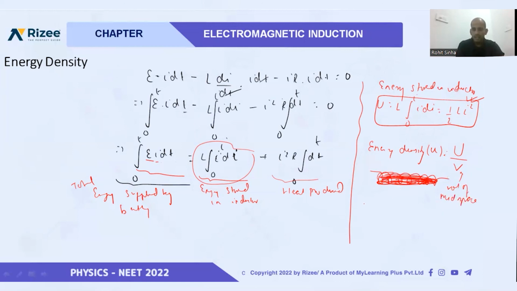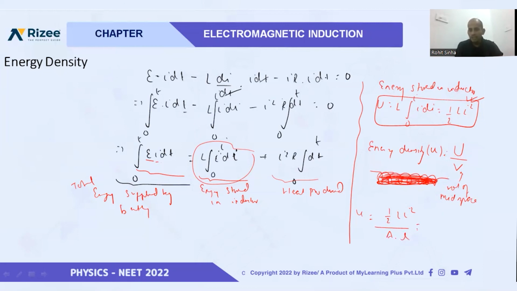So energy density u is equal to half L I square by volume. Let us suppose the cross-section area is A and the length is l.